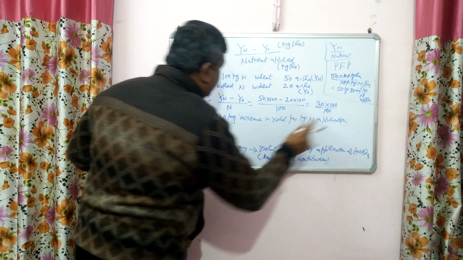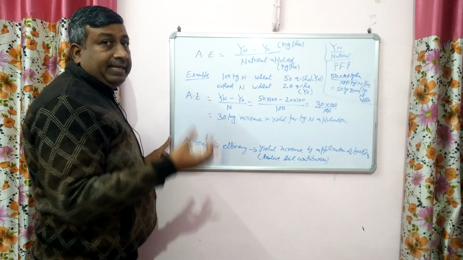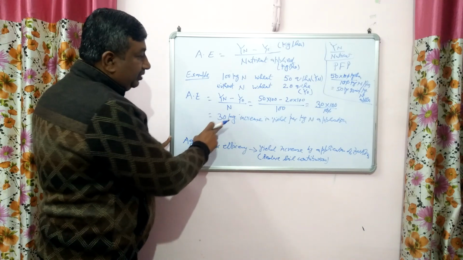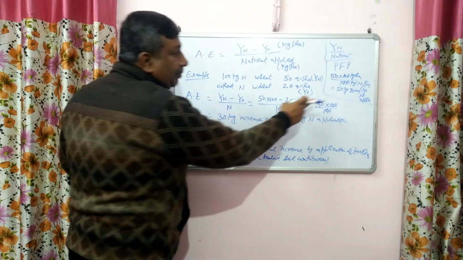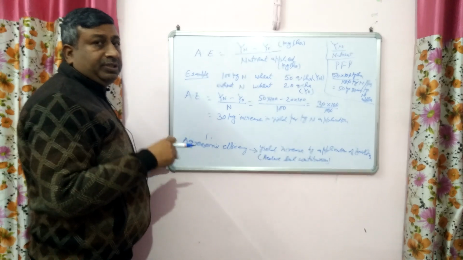So agronomic efficiency tells how much yield is increased by application of fertilizer. So it is 30 kg, but partial factor productivity of nitrogen is 50 kg.